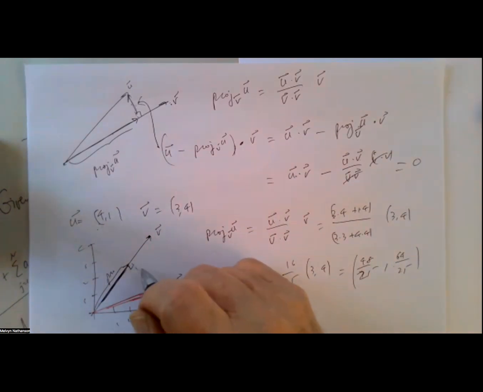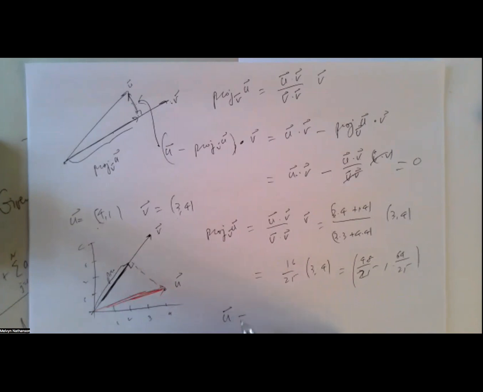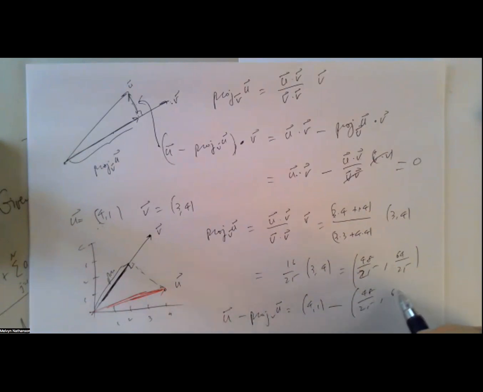And this orthogonal piece, you take U minus the projection of U in the direction of V. U is the vector 4, 1 minus 48 over 25, 64 over 25.